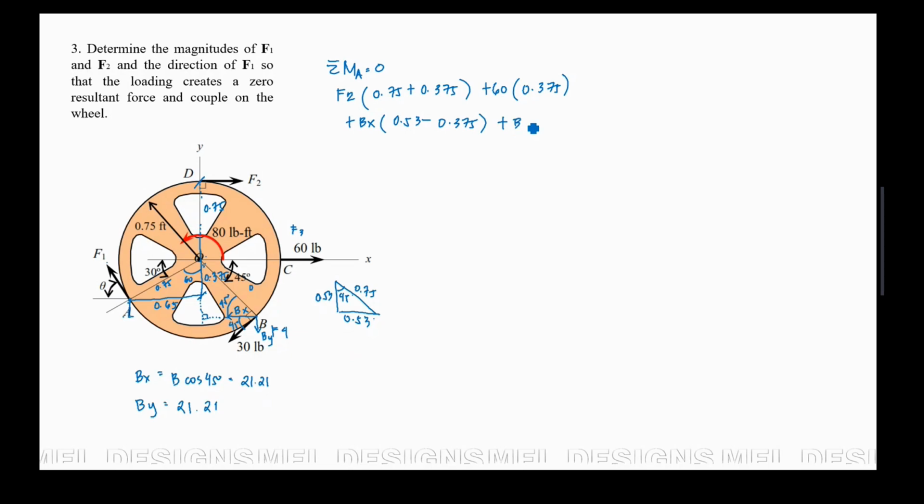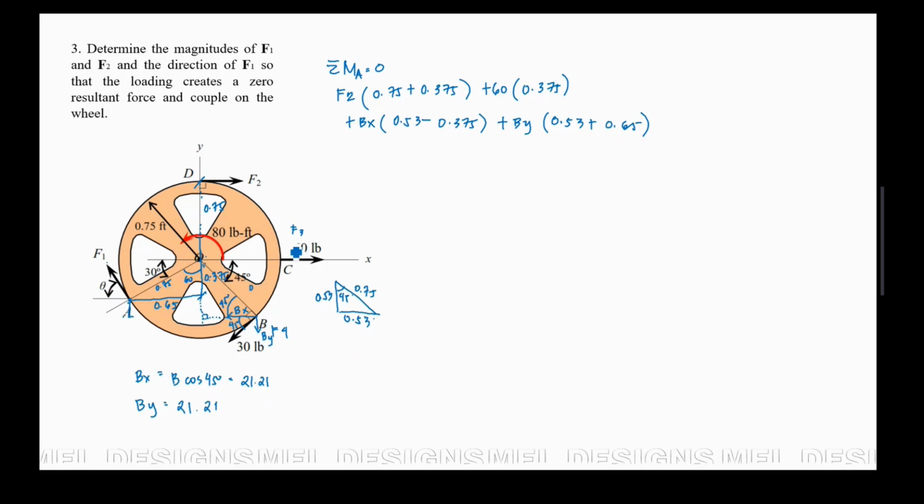Plus BY, the moment arm will be, ano to? So, we have here 0.53. Tapos, we will determine the distance dito. You know, 0.65. So, we have 0.53 plus 0.65. Okay. Ano pa?